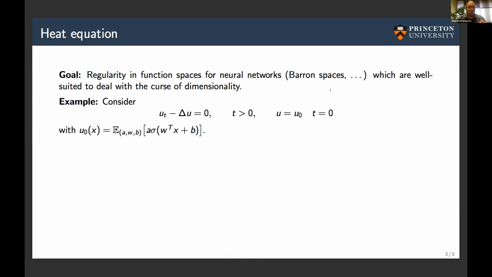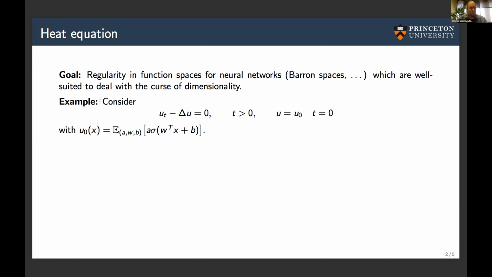So the goal of our research was to develop a regularity theory in function spaces which are specifically adapted to neural networks, that sort of mimics the classical developments, and particularly in function spaces in which we can deal with the curse of dimensionality, because we know that for certain classes of PDEs, we can find solutions effectively using neural networks, but we were looking for a principled function space approach.